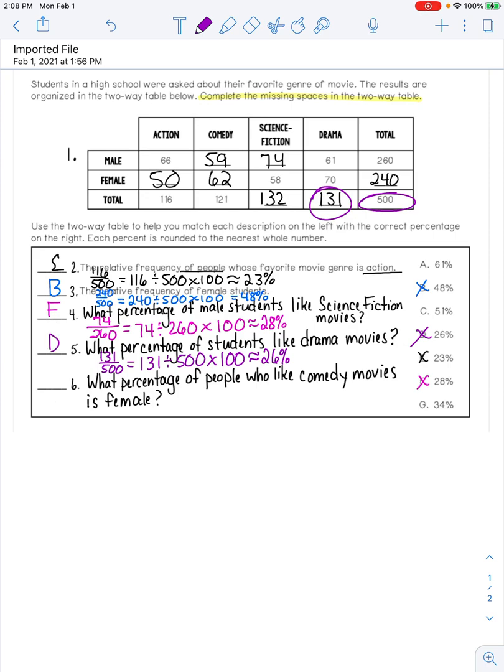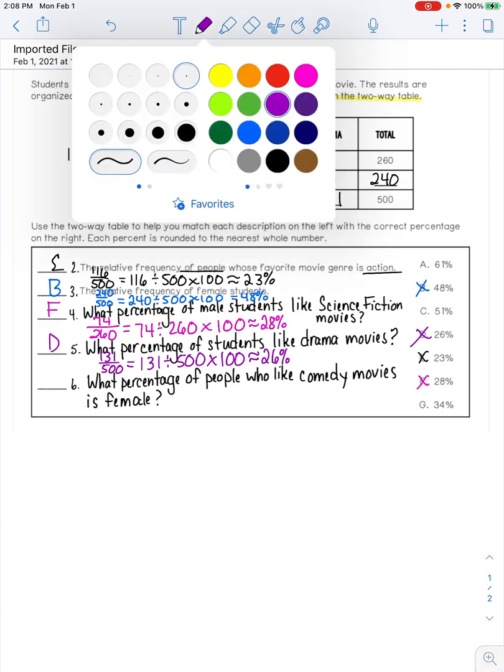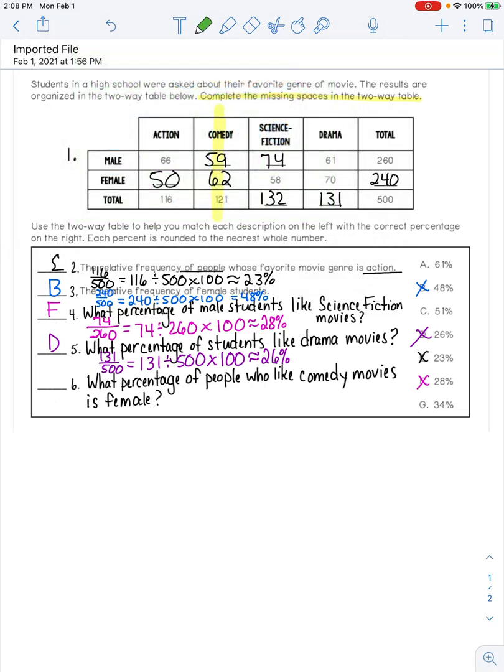So we can't use elimination to help with 6 because we have 3 more choices left. So let's do number 6. Okay, it says what percentage of people who like comedy movies is female? So it only wants us to look at the people who like comedy movies. So that's going to be our whole. Let's do green. So how many people like comedy movies? 121.